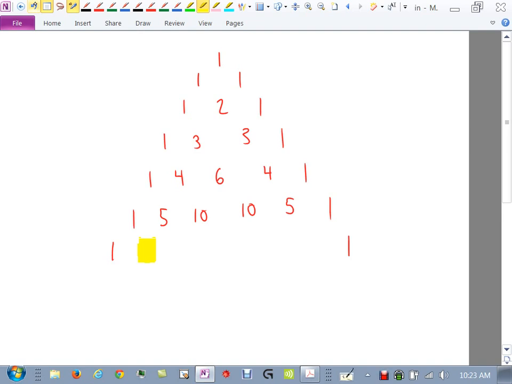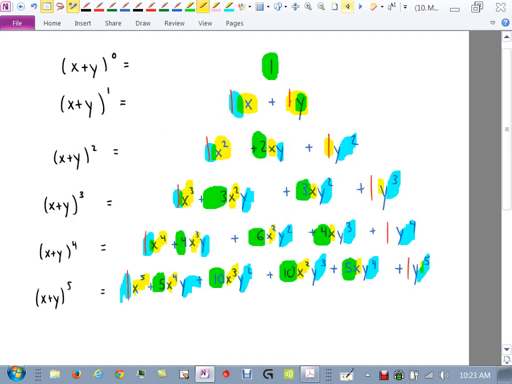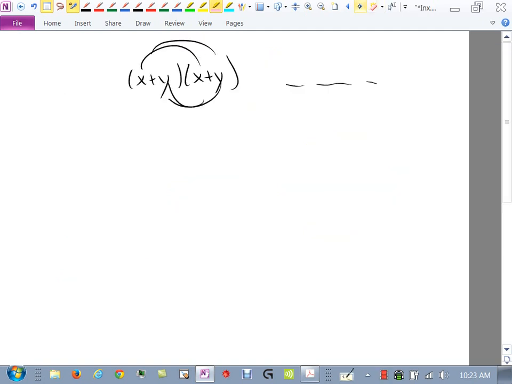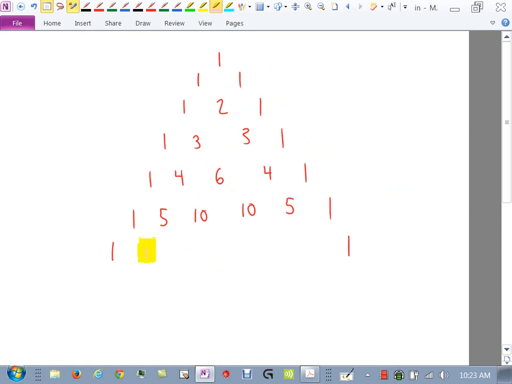Wait, what? X plus Y? Oh, you saw a pattern that this number here was always that number? Is that what you're saying? Yes, that is true. That is a pattern. So I agree that will be a 6.